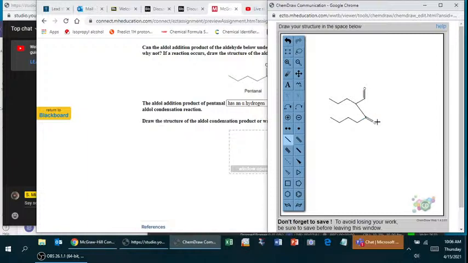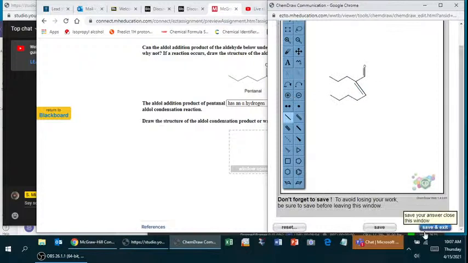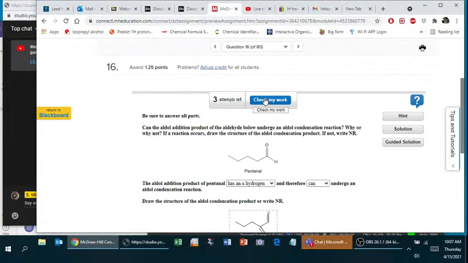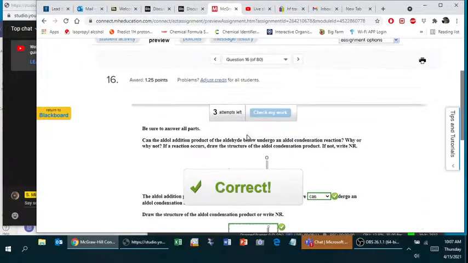That would break this double bond to give us an alcohol. So if I break that double bond, I get an OH. And now to do the elimination, I'll get rid of the hydrogen on that carbon, the OH group on that carbon, and I'll just draw my double bond in. If I check my work, that's correct.